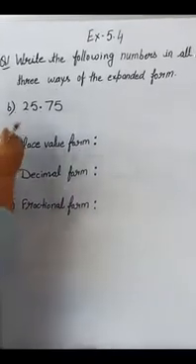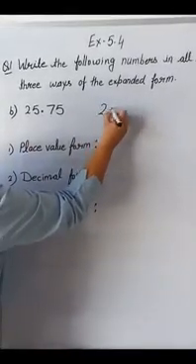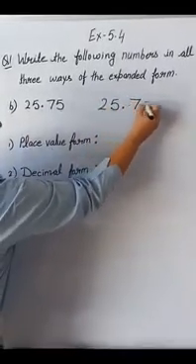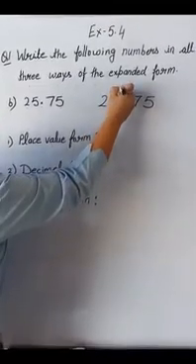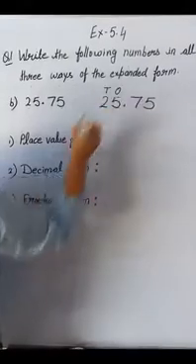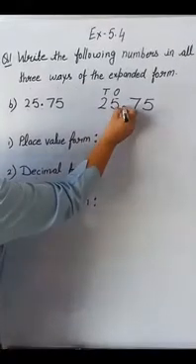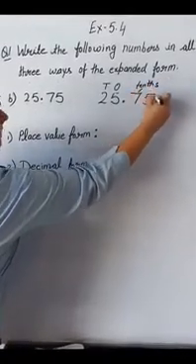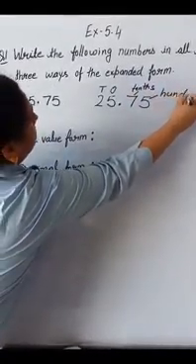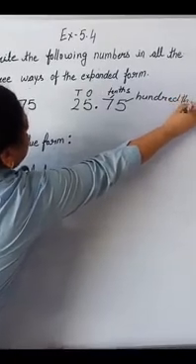First we will write 25.75. Its places: it is ones place, it is tens place, and after the decimal it is tenths place, and 5 is on the hundredths place.